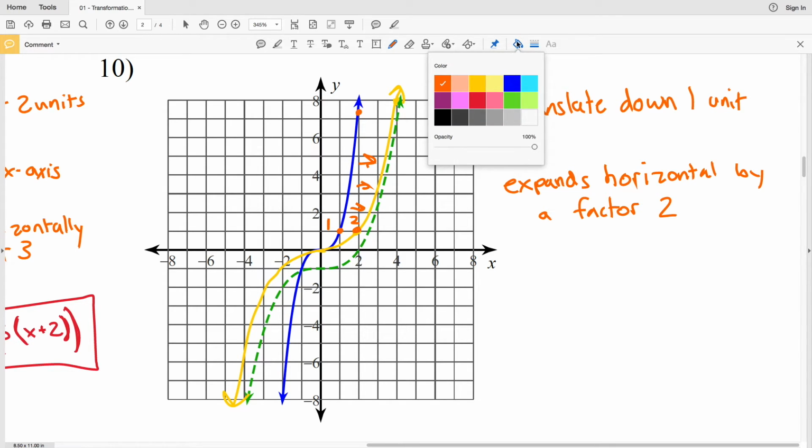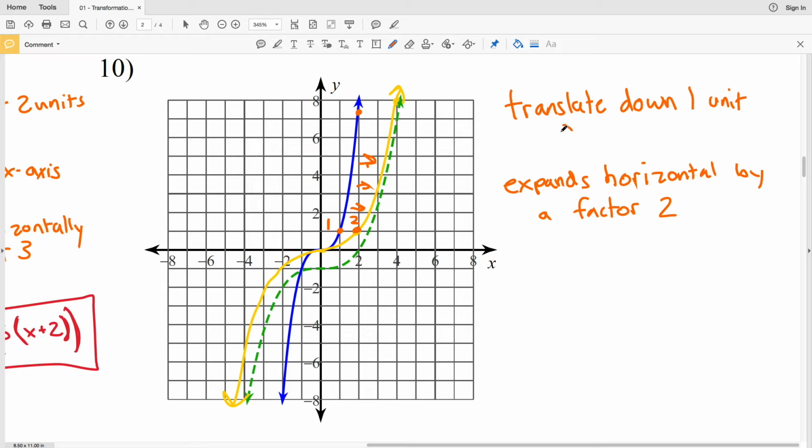Now, if we're translating down 1 unit, we're going to subtract 1 from the entire function. If we're expanding horizontally, that's going to happen to the variable within the function, and expanding horizontally is going to be multiplying by 1 over the value of the factor. So multiplying by 1/2 to the variable.